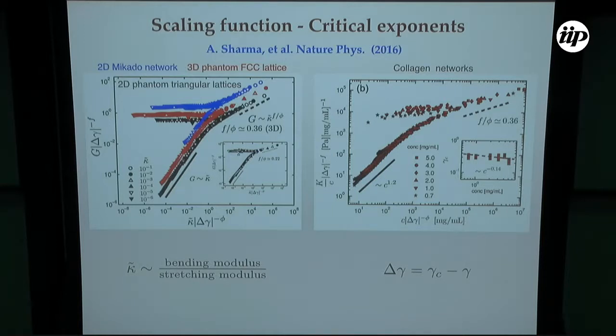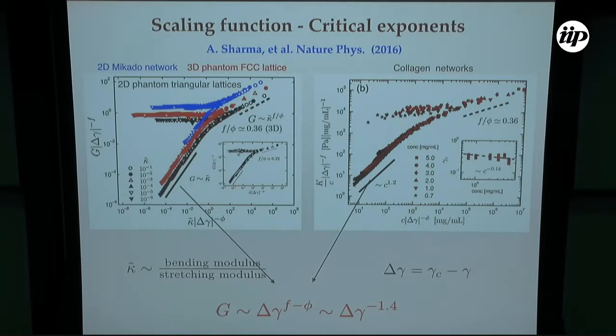One is when you approach the critical point from below. That means you are in the floppy regime and you start to strain until you reach the critical point. That corresponds to this branch here, which is the one that I'm interested in. They observe that the critical behavior of the shear modulus goes more or less as delta gamma to the power minus 1.4, where delta gamma is just the distance to the critical strain.